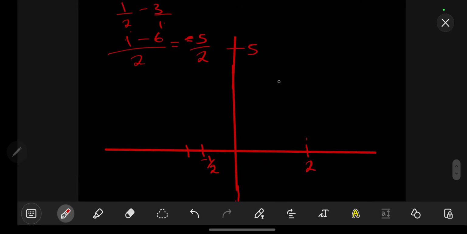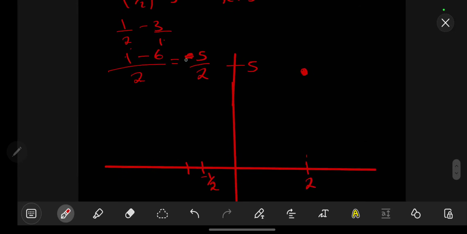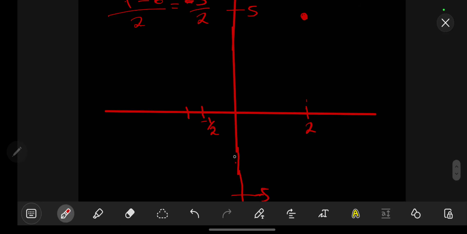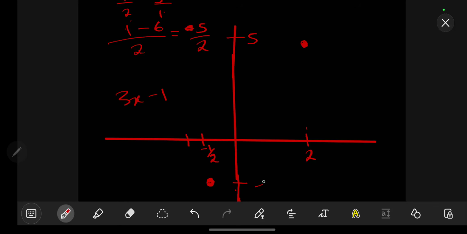Then we have a positive 5 there, then our 2.5, which was the outcome, 5 over 2 is equal to 2.5, so negative 2.5 will be somewhere here. So we are going to do this like that. Now when you merge your two equations, we have a negative 2.5 like that.